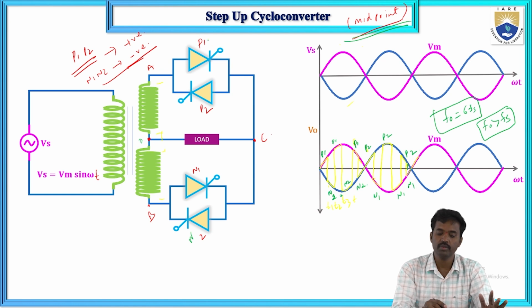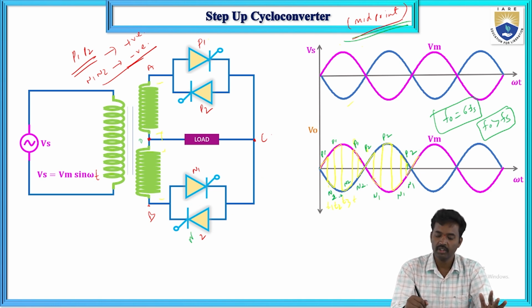From the positive group P1 will conduct, so from A, P and C, through the load and O, it comes back to the zero. And from the negative group the N2 switch will conduct, through the load, and again C comes back to this position.